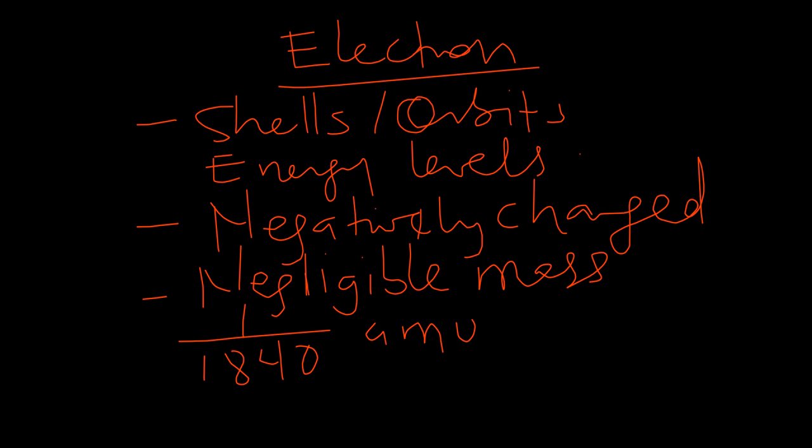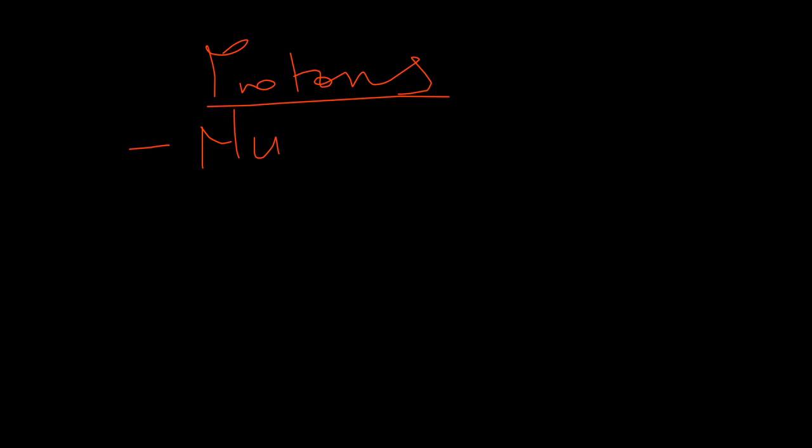Very, very insignificant mass. Let's look at the second subatomic particle called the protons. So first, we've already established that protons are found in the nucleus. What about their charges? Protons are positively charged, right?